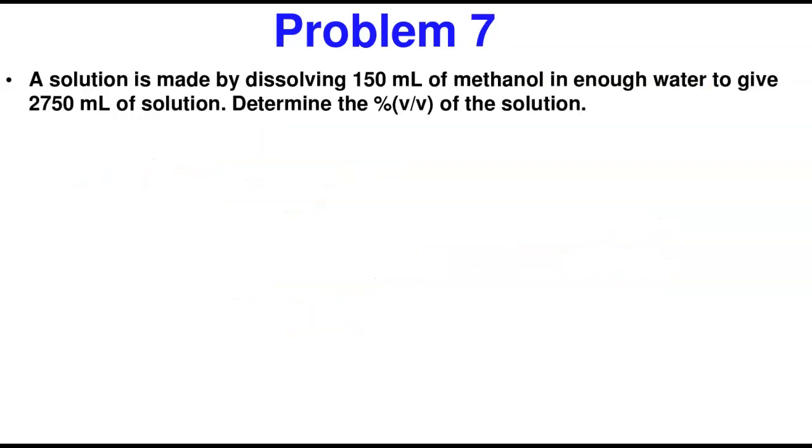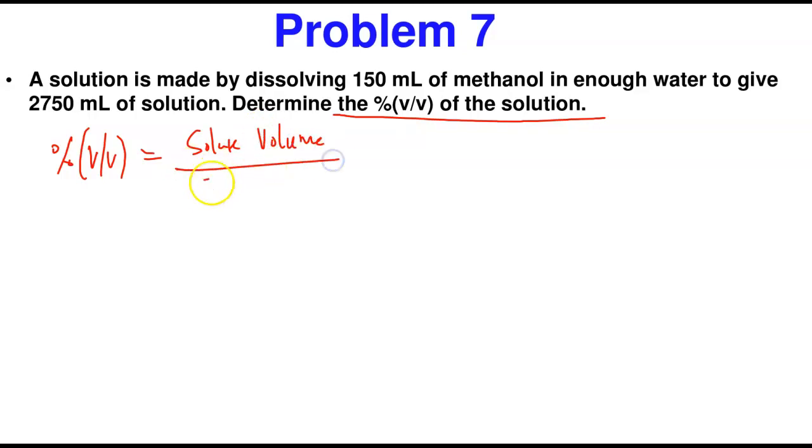Let's take more problems as usual. A solution is made by dissolving 150 ml of methanol in enough water to give 2750 ml. It says determine the percentage volume by volume. Again, this is volume by volume that we're looking for, which is easy. Percentage volume by volume is simply solid volume over solution volume times 100.